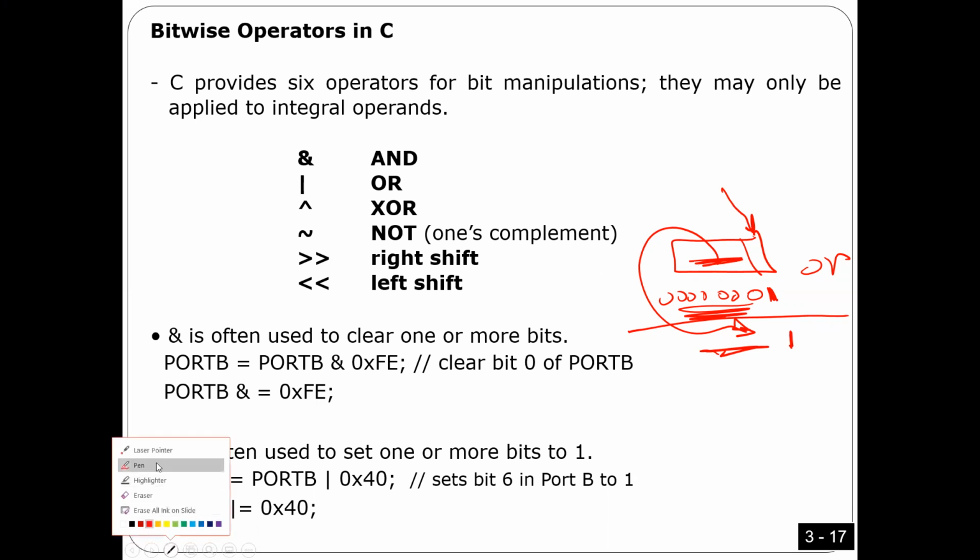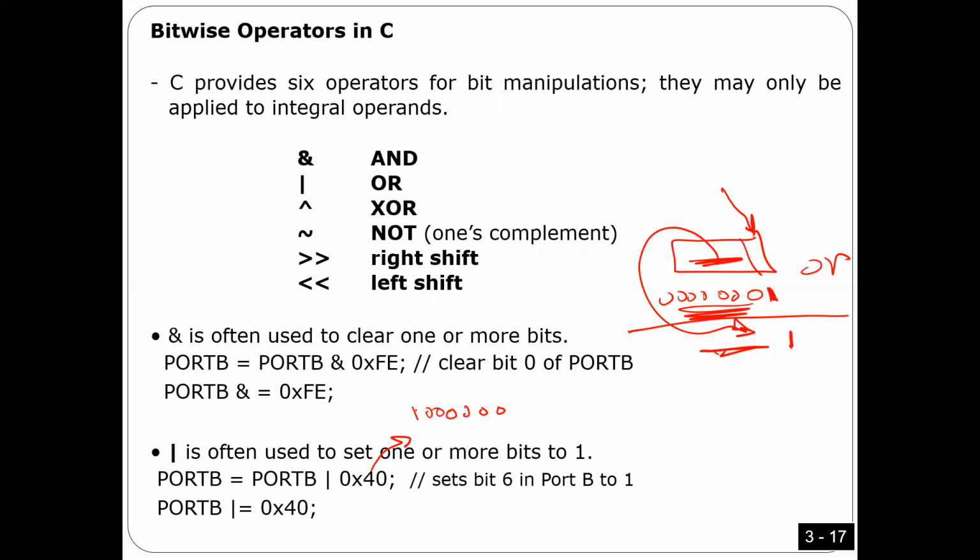It's not something new. I'm using it here in C. So how can you do something like that in C? I can say PORTB is equal to PORTB OR 0x40, for example. Any number, right? So here I selected 40. Because I put 40, this means 0100, 0000, right? 4 means 0100.